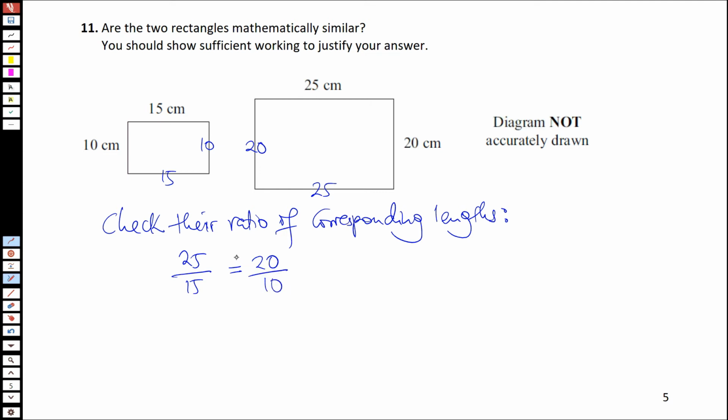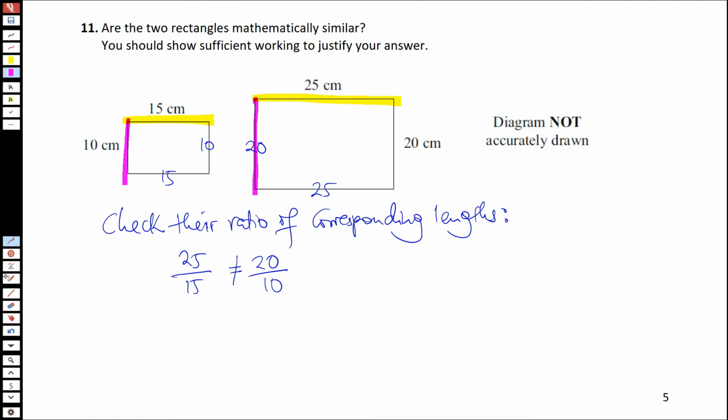Of course, these are not, because 20 divided by 10 is 2, and that's not the same as 25 over 15. When I say corresponding length, this is what I mean. That length there corresponds to that, and this length here corresponds to that. If you take those ratios, clearly you can see that you don't get the same answer.